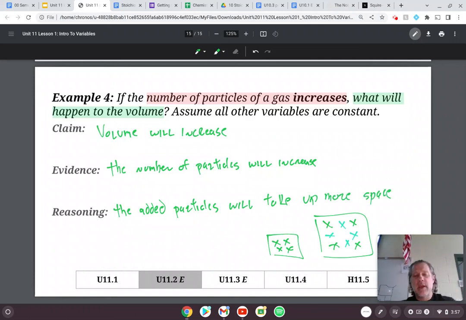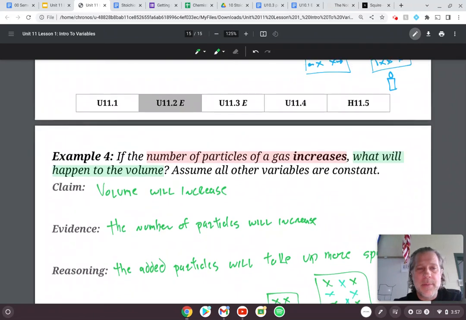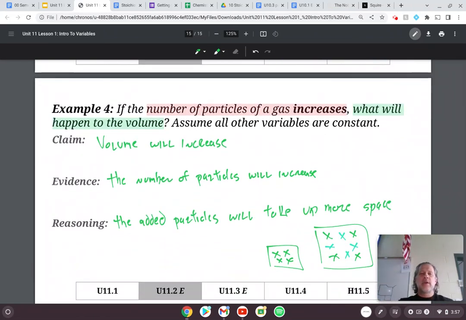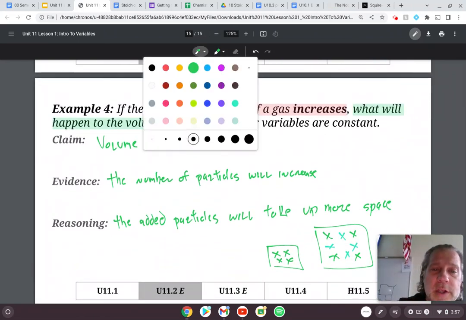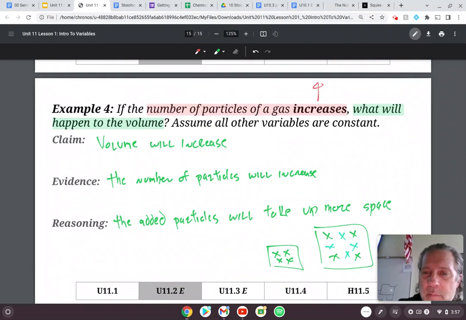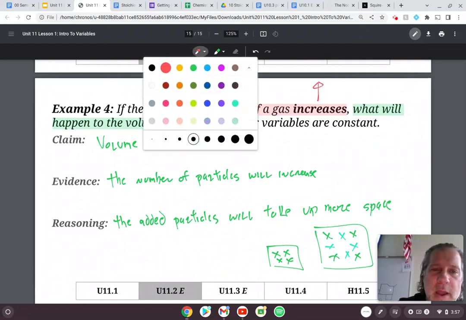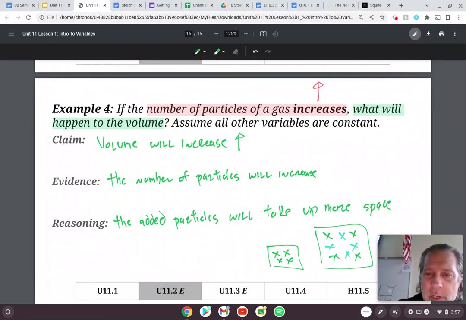Now, the last thing I want to do is go back and talk a little bit about what type of relationship each of these things are. I'll start with this one. The number of particles increased, meaning that my volume would increase. So in this instance, this is going to be a direct relationship.